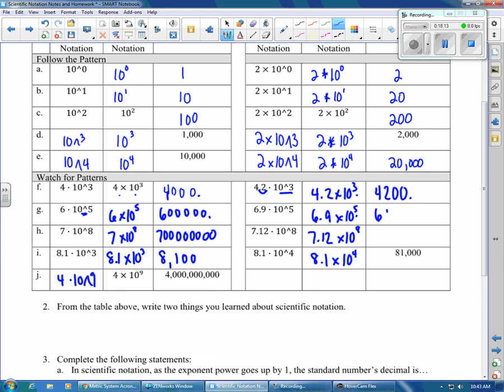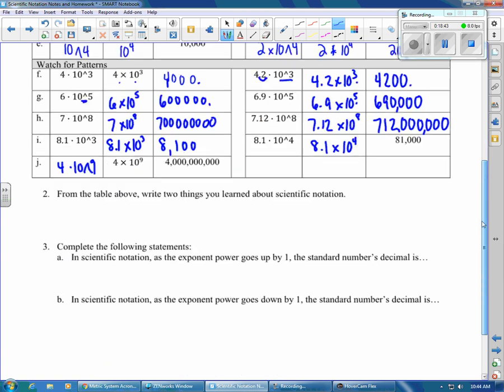So 6, 1 power of 10, 2, 3, 4, 5 powers of 10. 7.12, 1 power of 10, 2, 3, 4, 5, 6, 7, 8. Now the difficulty comes in when you, like me, have trouble saying numbers and writing something else. That's when I tend to make mistakes.